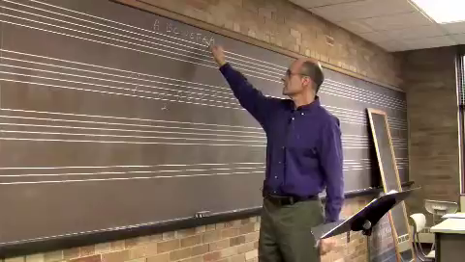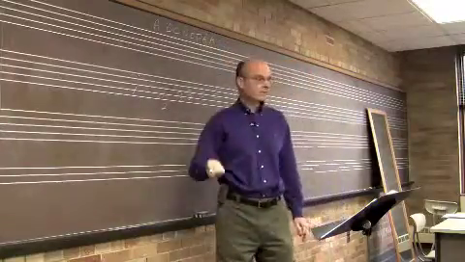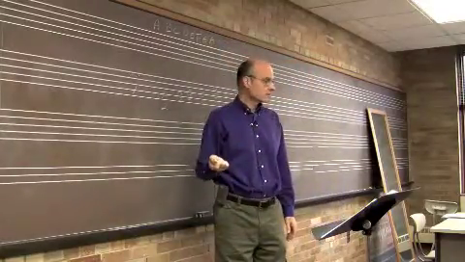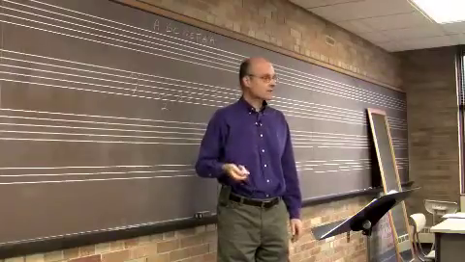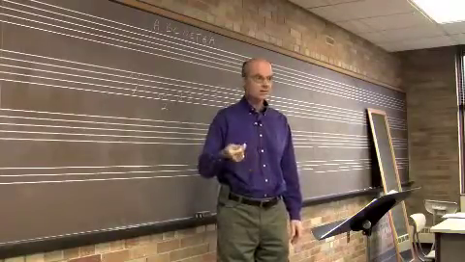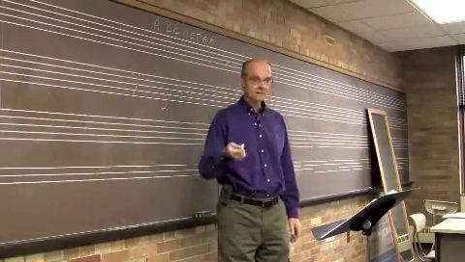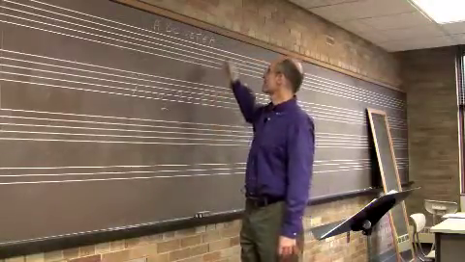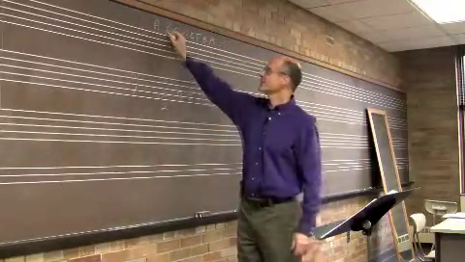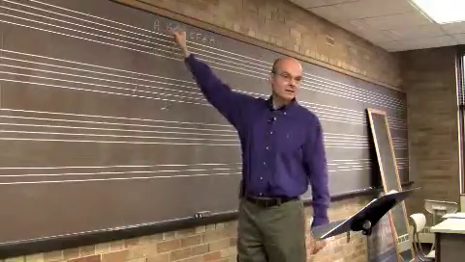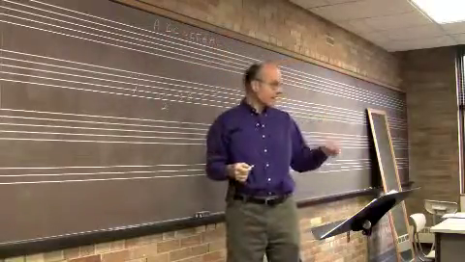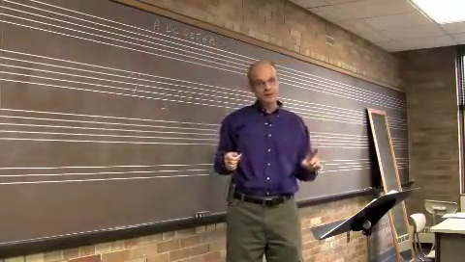So if I start on G, what's a seventh above G? F. If I start on D, what's a seventh above D? C. Another way to think of it, you know that A to A is what? It's 8. Now an octave is an interval, but we didn't tell you that at that point.